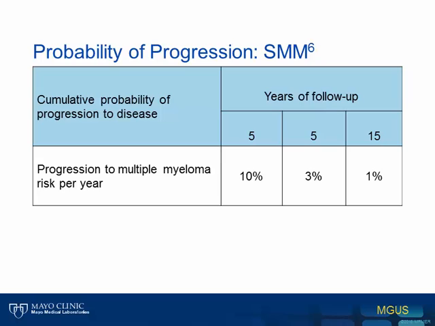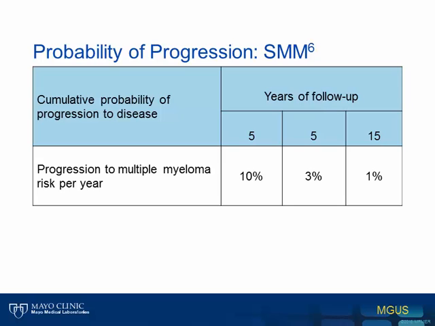Patients diagnosed with smoldering myeloma have higher risk of progression to multiple myeloma at about 10% per year in the first 5 years of diagnosis, then 3% in the next 5 years, and 1% per year for the next 15 years. It may represent almost 14% of all patients with myeloma.